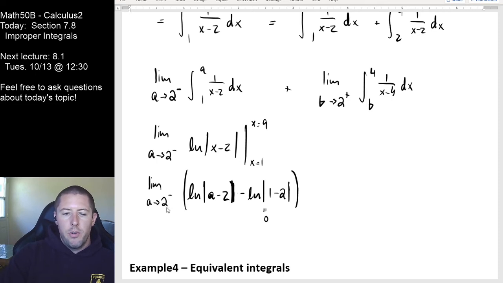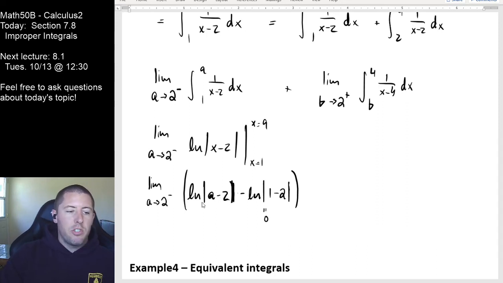So all we've got to do is figure out what's going to be happening as we approach 2 from below here. As I approach 2 from below, that means I'm getting numbers like 1.99999. That should be giving me a very, very small negative number. Absolute value means it's a very, very small positive number.